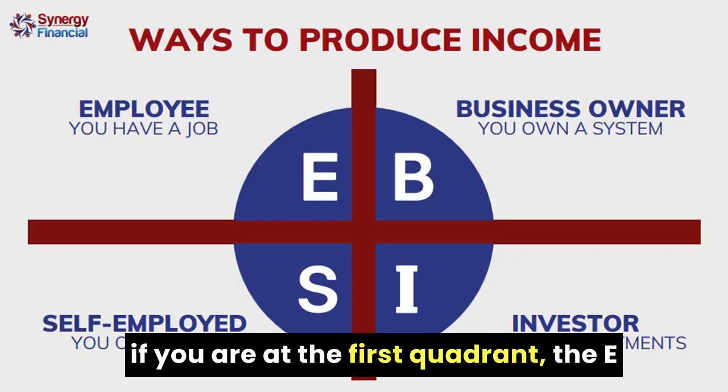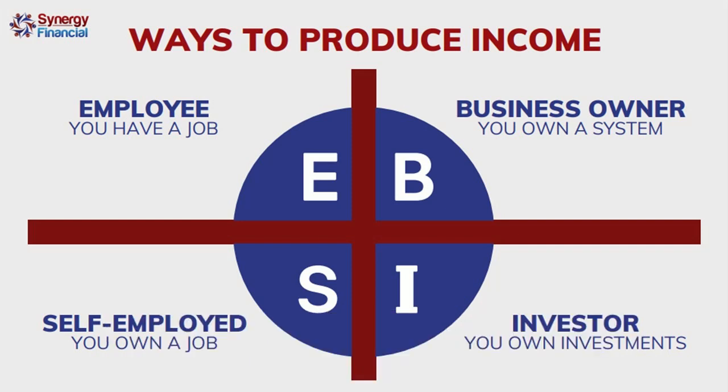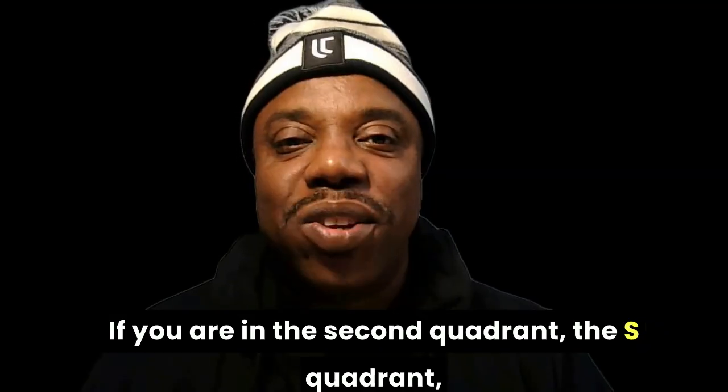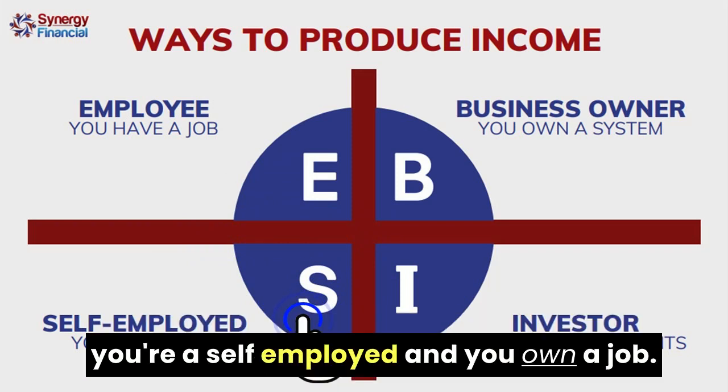As I said at the beginning of the presentation, if you are in the first quadrant, the E quadrant, you're an employee and you own a job. If you are in the second quadrant, the S quadrant, you're self-employed and you own a job.